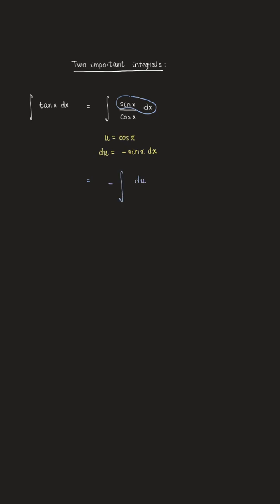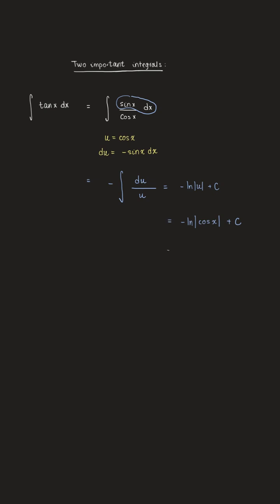And we can transform our integral to be an integral in terms of u, and that will give us, so here's sine x dx, and du is negative of that, so we'll have a negative on the outside. Du over cosine x is just u. So we know that the antiderivative of 1 over u is the natural log. So this will give us the negative natural log absolute value of u plus c. We can now write u in terms of x, so we have negative natural log absolute value of cosine of x plus c. And I'm going to use a property of logs to rewrite this and deal with that negative 1 that's multiplying the natural log.